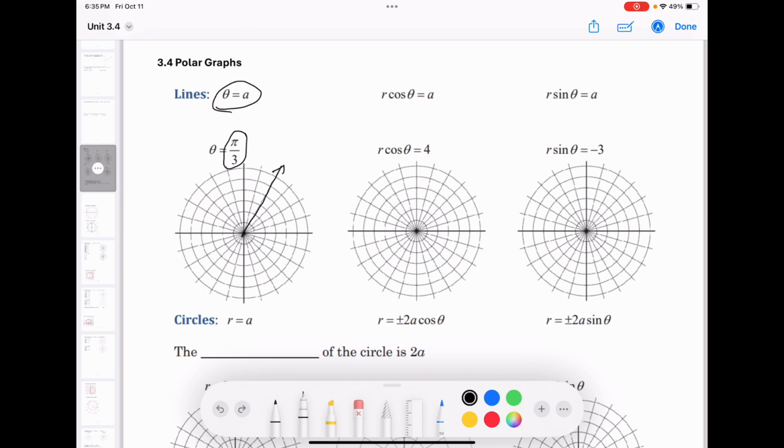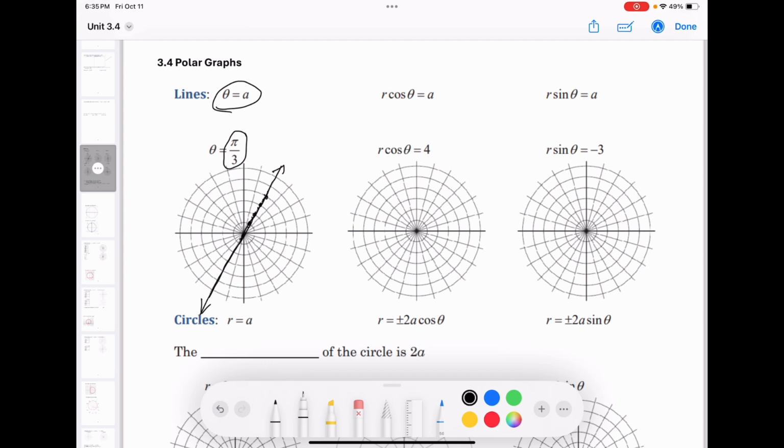So the radius could be 1, could be 2, could be 3, could be 4. Also could be negative numbers. So if it is a negative number, I'm going in the opposite direction. It also can be a very tiny number like 0.0001, and any number between the integers.